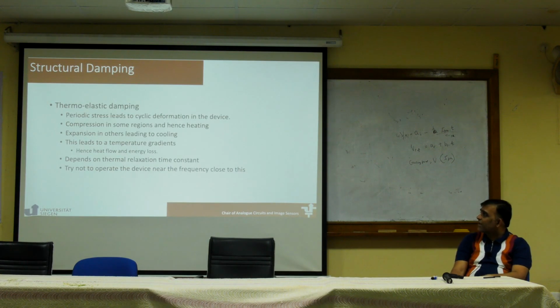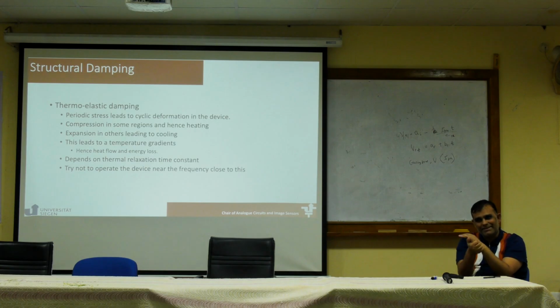Then we have structural damping. The structural damping is a second order damping relationship. So as my structure moves, it causes stress and strain in different parts of my resonator, which then leads to heating there. Heat is a loss mechanism. Energy is being lost if something is being heated.